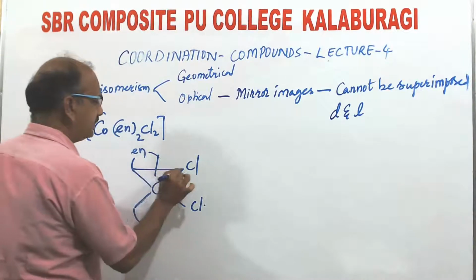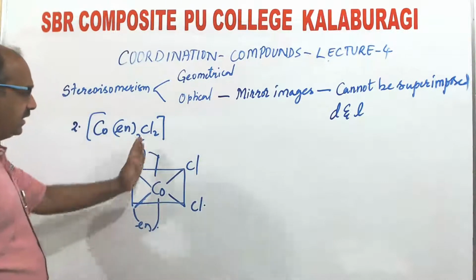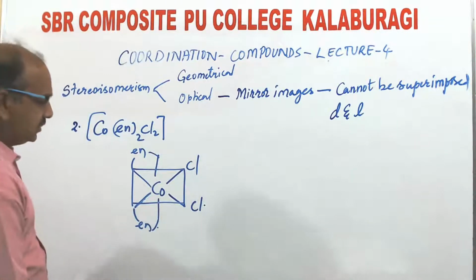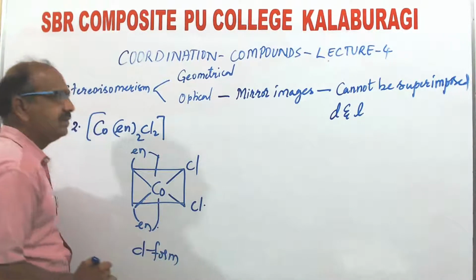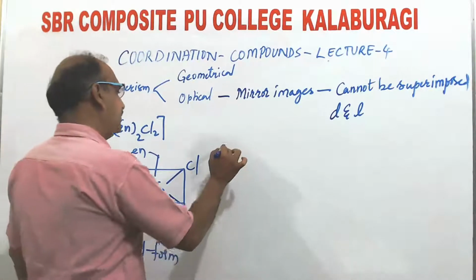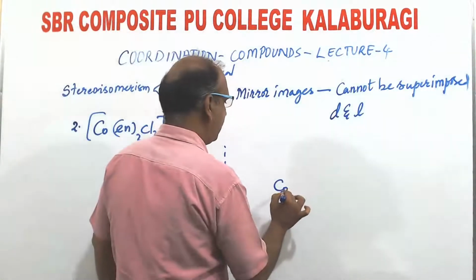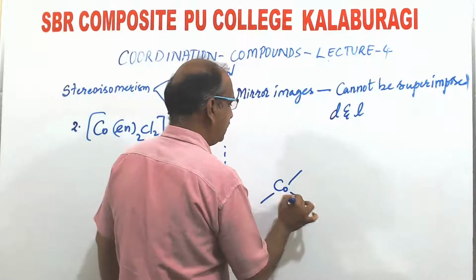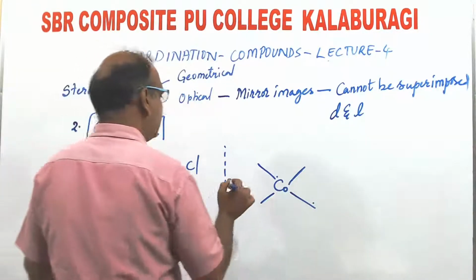So this is square at the base, ethylenediamine like this here. So this will be the D form. This is the D form of the isomer. Then the other form: cobalt at the center.